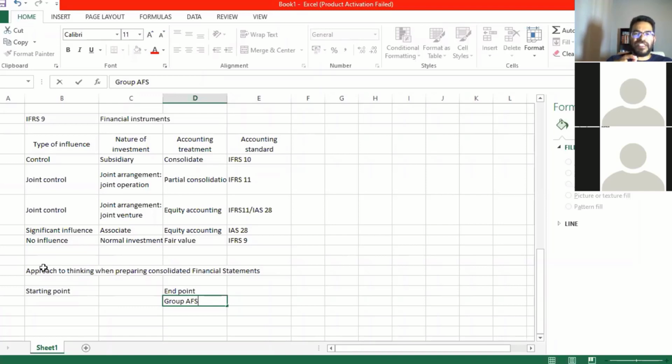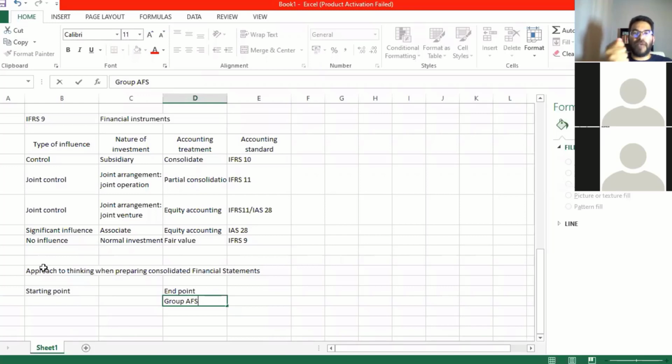So your group FS is that square block, the one economic entity made up of those three individual companies, and it only includes transactions that we have transacted with those outside of the group, and it does not include transactions with those inside of that square, inside of the group.